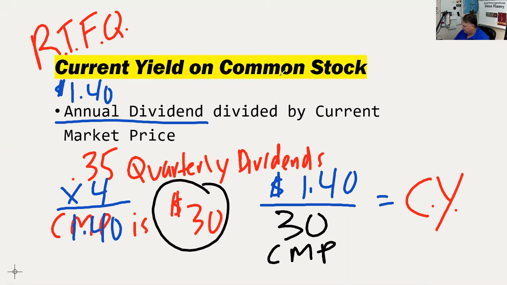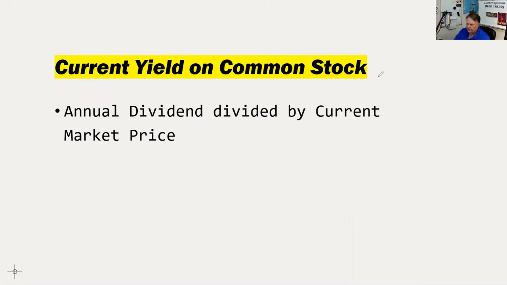So I take my calculator, take 1.40, the annual dividend, and divide by 30. I find out the stock has a current yield of 4.6. Again, I don't know of any draw in which you're not going to have to tell me the current yield on your exam. So current yield is the annual dividend divided by the current market price.